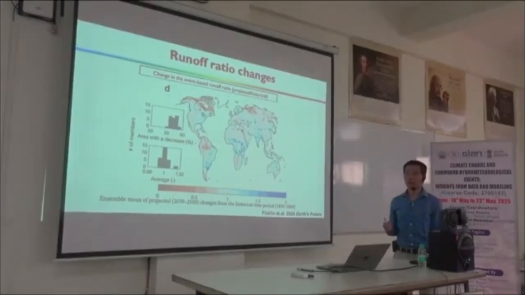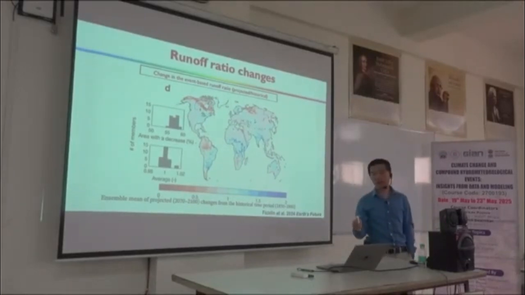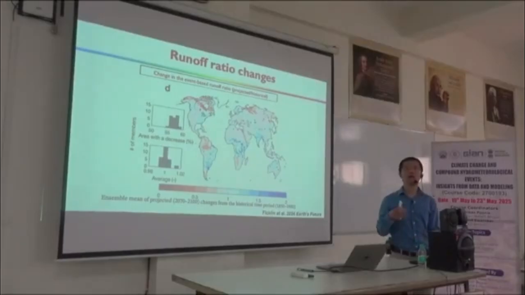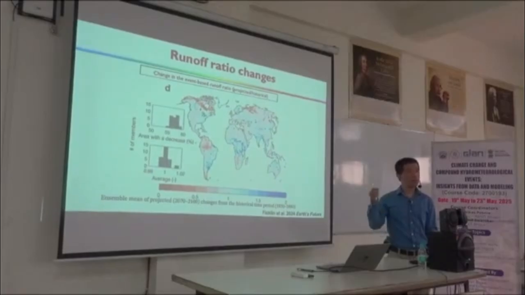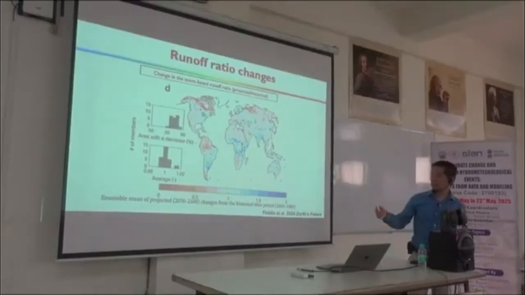Why is that? Like I mentioned, our hypothesis is because of vegetation. If you have higher vegetation cover or greener vegetation, it can take up a lot of soil moisture, making the soil moisture less. That can reduce the runoff ratio.